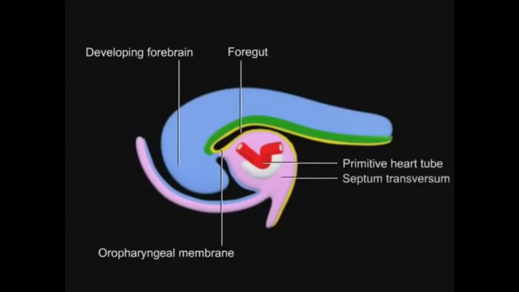Oropharyngeal membrane. This membrane is situated in the place of the isthmus faucium of the adult. Do you remember the isthmus faucium? It is the place where the oral cavity connects with the pharynx.